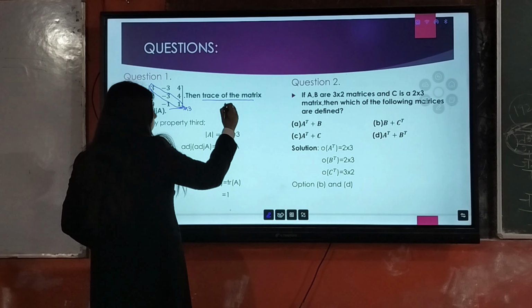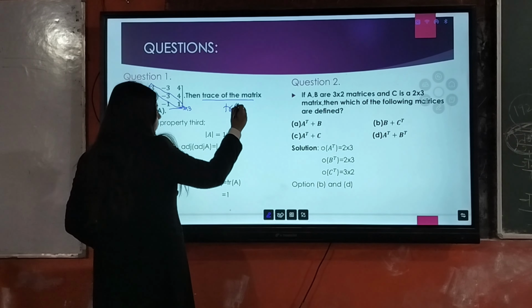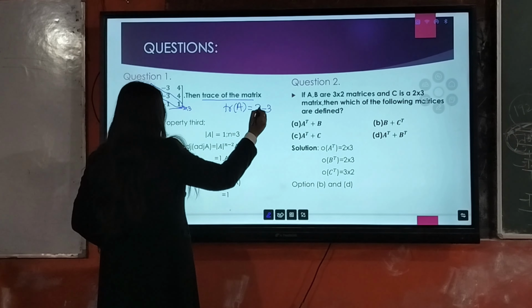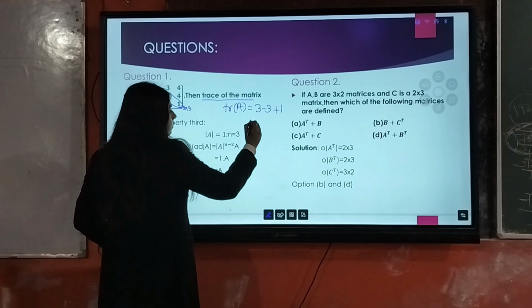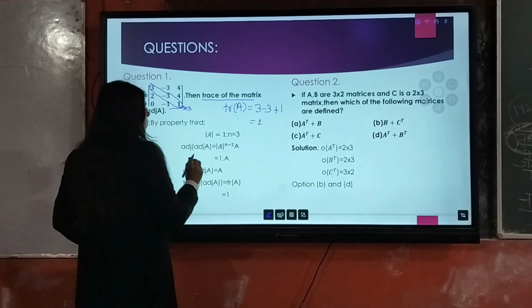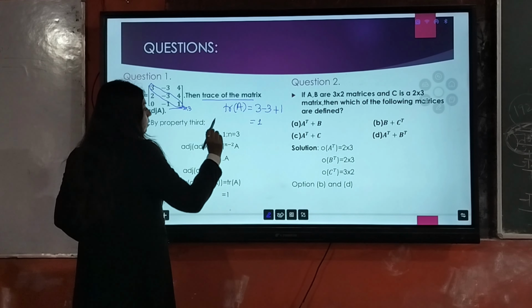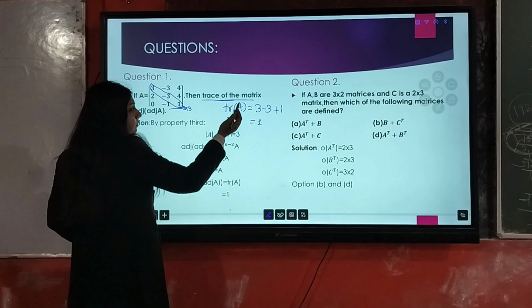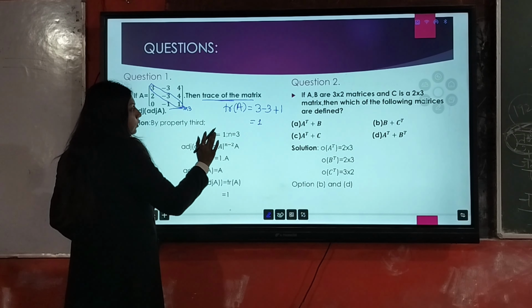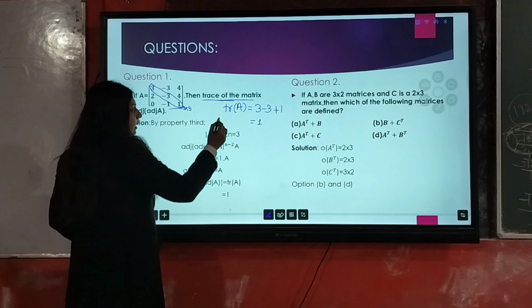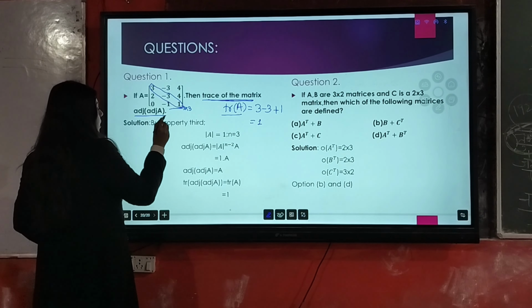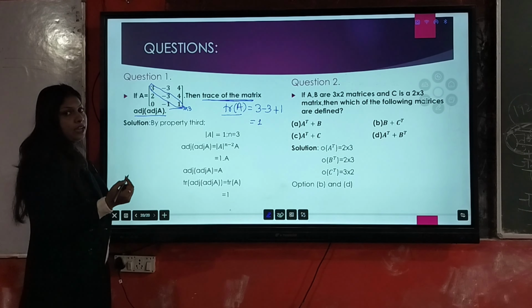So trace of A will be 3 minus 3 plus 1, which equals 1. So first we find the trace of the matrix A. But here we are not finding the trace of matrix A; we have to find the trace of the matrix adjoint of A.